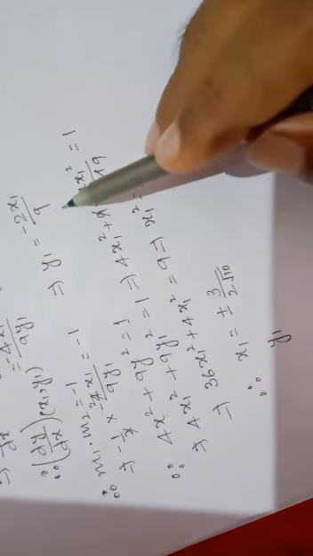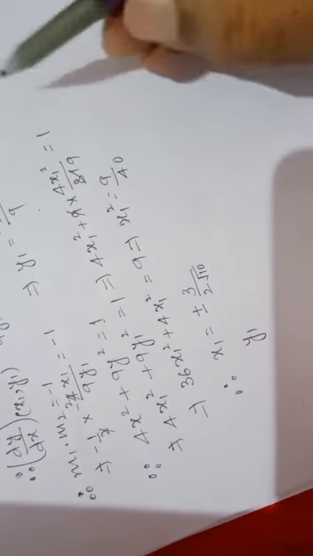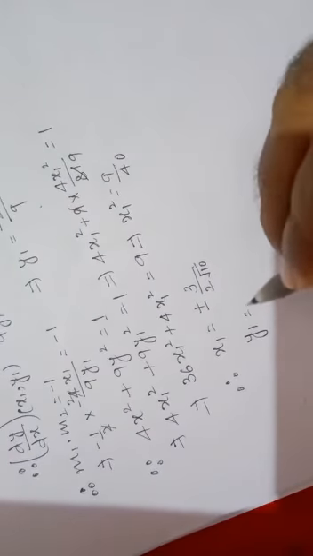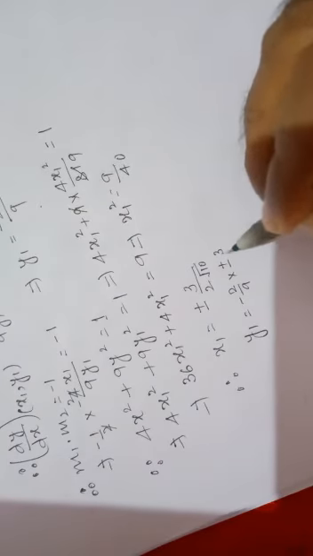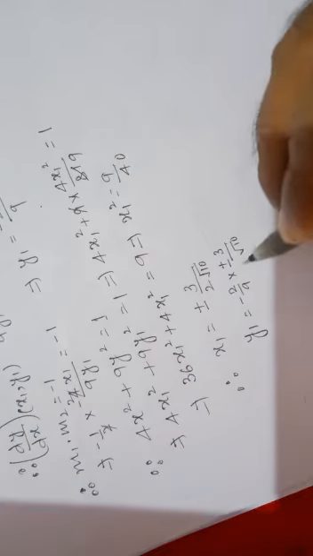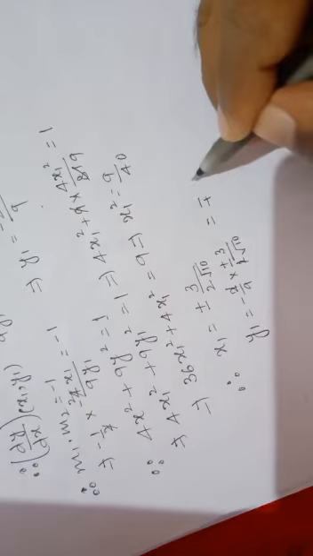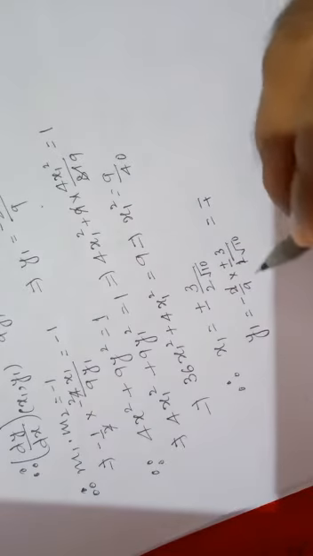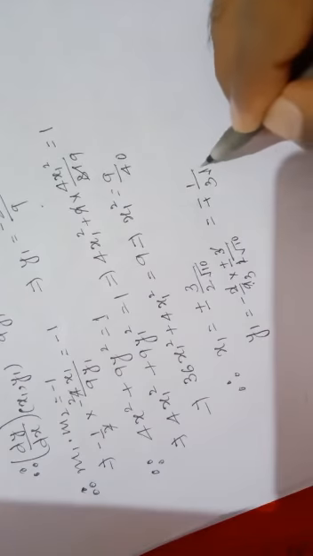Correspondingly, the value of y1 is equal to how much? Minus 2x1 by 9. So y1 is minus 2 by 9 into plus minus 3 by 2 root 10. 2 and 2 cancel, so minus plus changes to plus minus, 1 by 3 root 10.